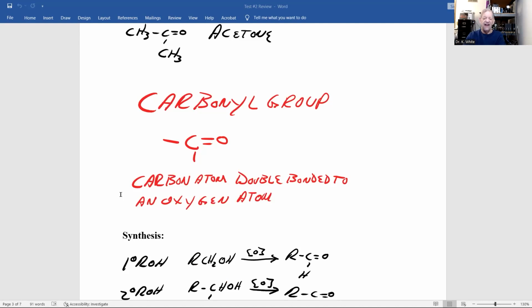It's a carbon atom double bonded to an oxygen atom. Again, there's nothing more important to Dr. White and all of organic chemistry than the carbonyl group. And you should know how to draw it, carbon double bond to oxygen with 2 things attached to it, and how to describe it with words: carbon atom double bonded to oxygen atom.